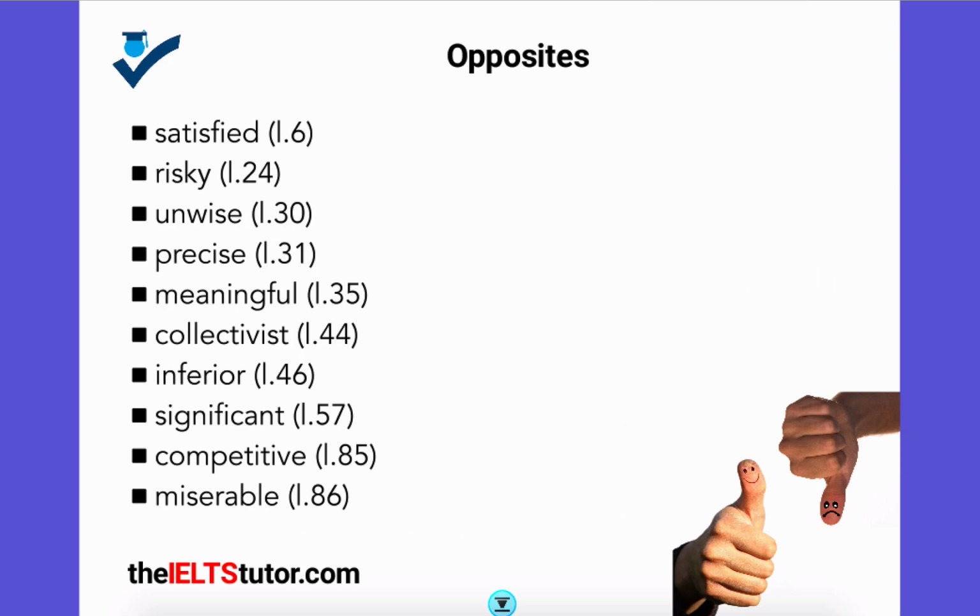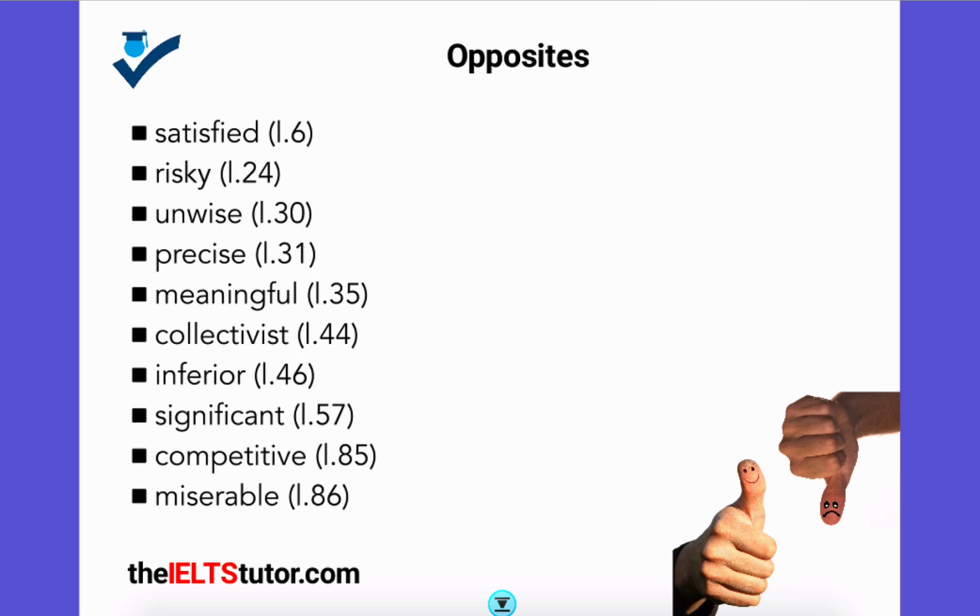Now these words or these adjectives are taken from the passage, The Pursuit of Happiness. So what I'd like you to consider are the opposites of these adjectives. What do you think could be the opposites of these words?